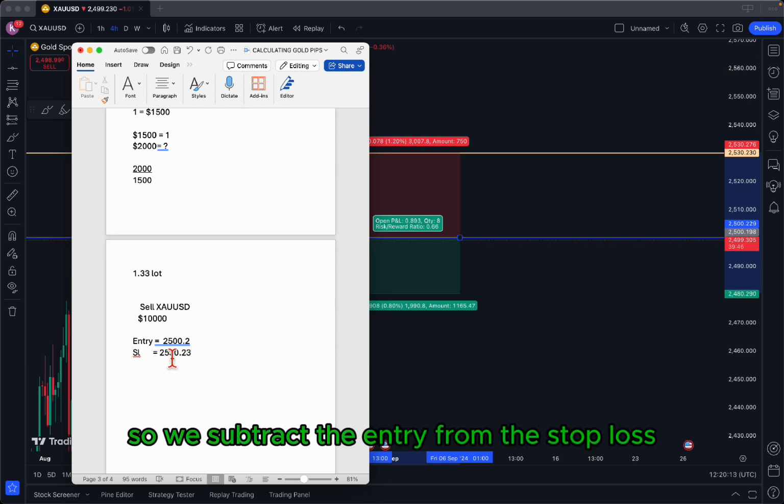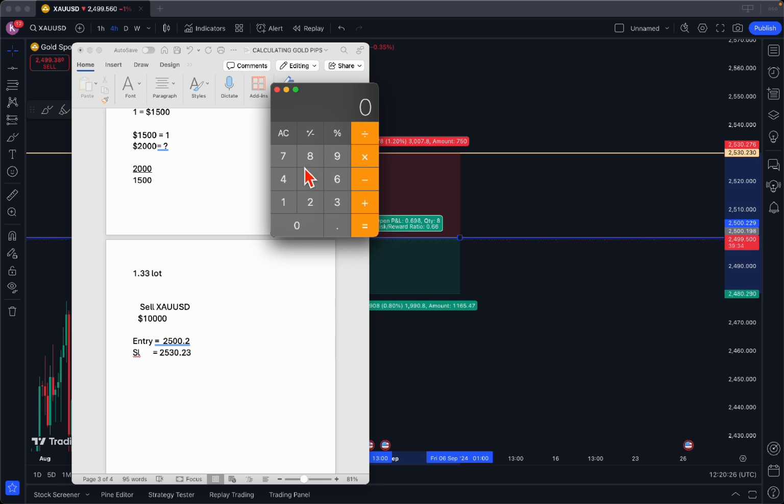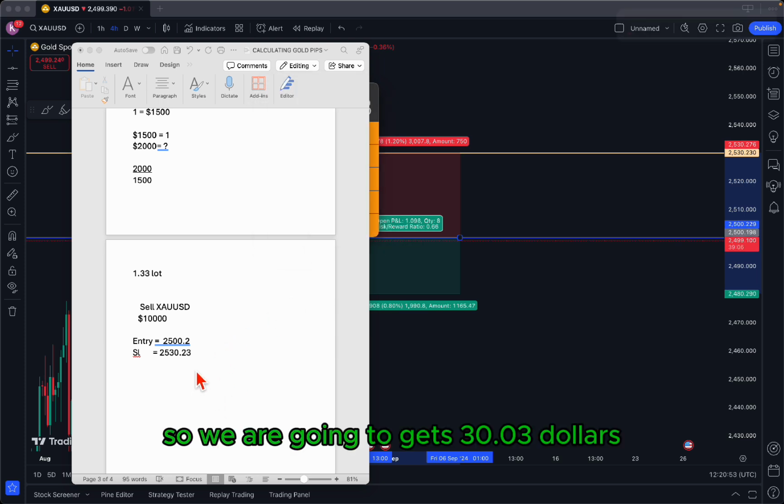So we subtract the entry from the stop loss. Minus 2,502 cents. So we're going to get $30.03.